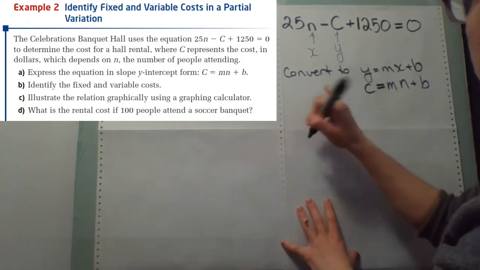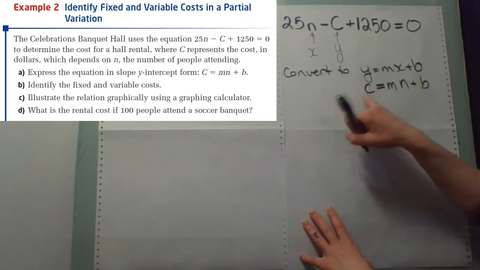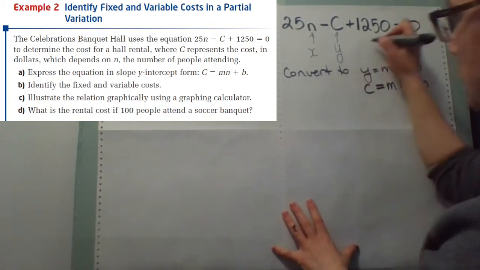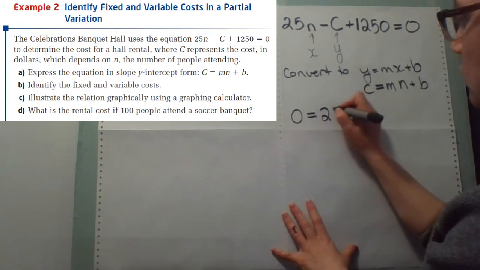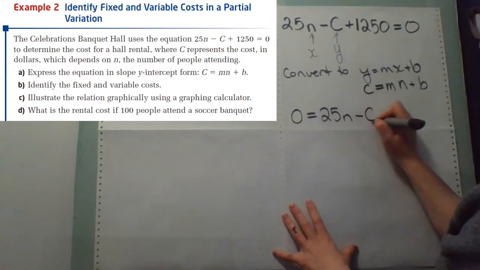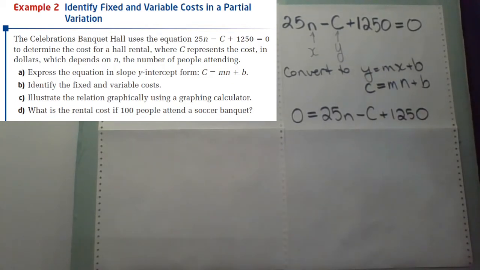So let's do that. We need c to come over to this side. So why don't we do that? I'm going to just reverse my order here. So I have 0 equals 25n minus c plus 1250. So all I did first was just reverse the order.